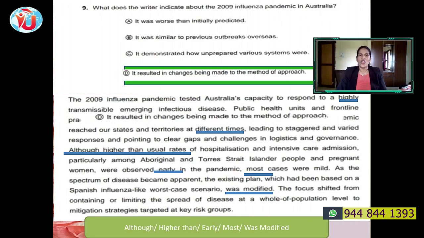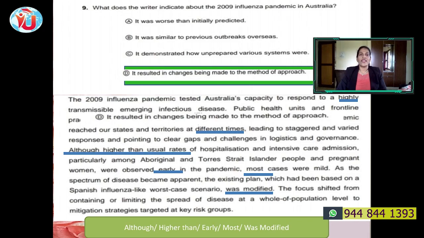Although, you see here, although, a contrasting word is there. Higher than usual rates. Higher, again, there is a contrast and comparing word, higher than usual rates of hospitalization and intensive care admission, particularly, you see, particularly among Aboriginal and Torres Strait Islander people and pregnant women, were observed early, again a time phrase here, in the pandemic.